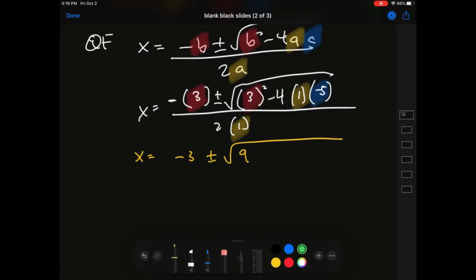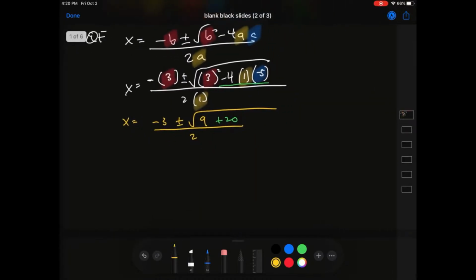Okay, now watch how I do this one. I'm just going to multiply all of those in green. Negative 4 times 1 is negative 4. Negative 4 times negative 5 is positive 20. All over 2 times 1, which is 2. And we're almost done here.